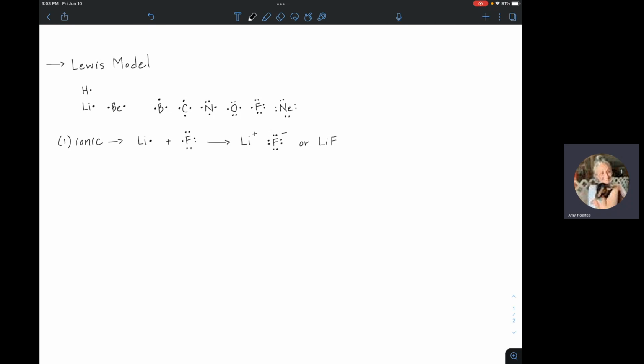With covalent bonding, it's a little different, because we actually are going to have these 2 atomic orbitals overlap, and they're going to share space in a molecular orbital.